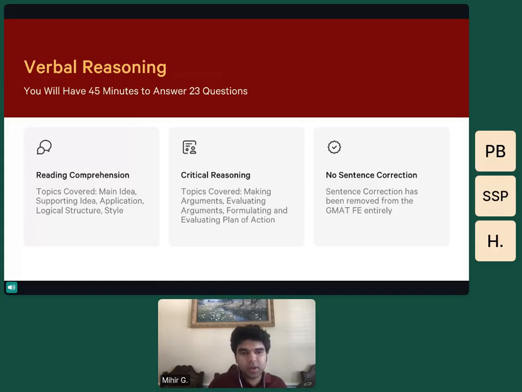You'll also have critical reasoning questions, in which you'll get a very short paragraph, maybe 1 to 2 sentences long, and only 1 question for that. The topics covered here involve making arguments, evaluating arguments, and formulating and evaluating a plan of action. One key thing to note here is that sentence correction has been removed from the GMAT entirely.